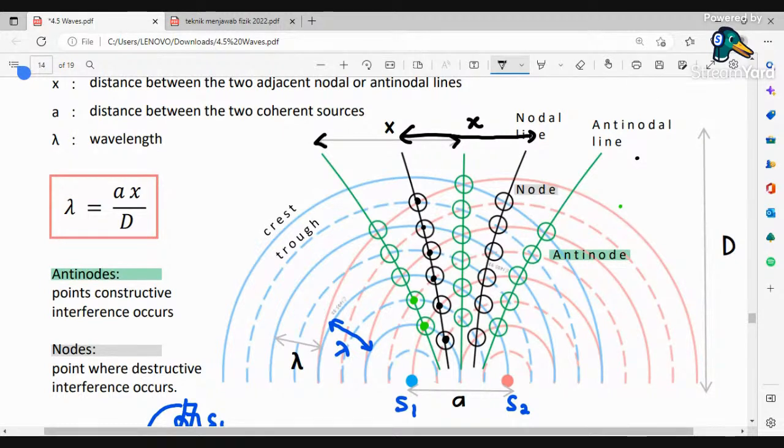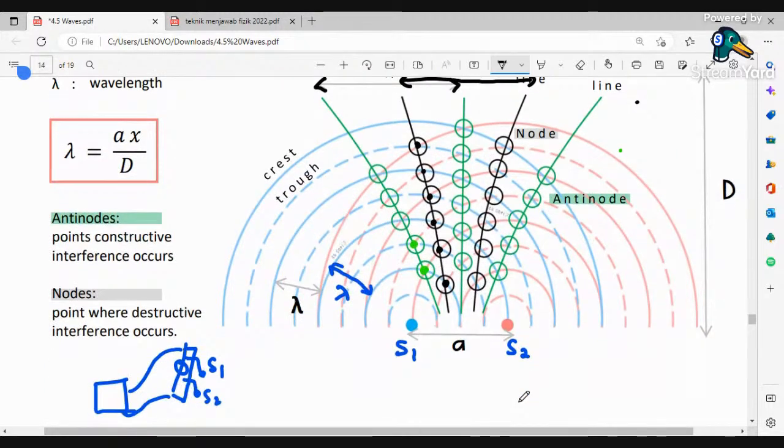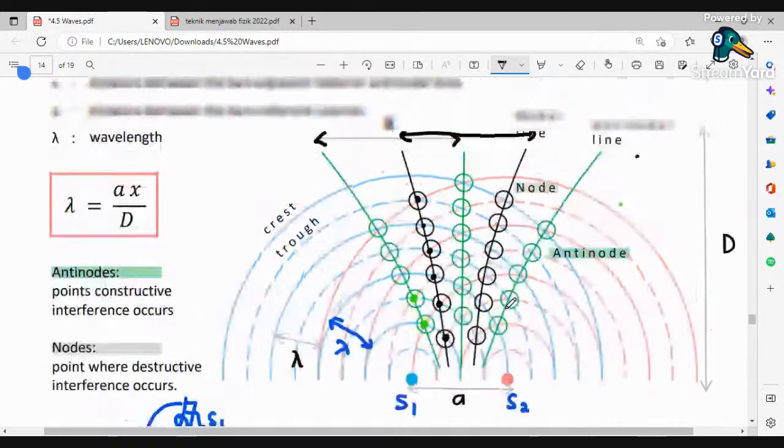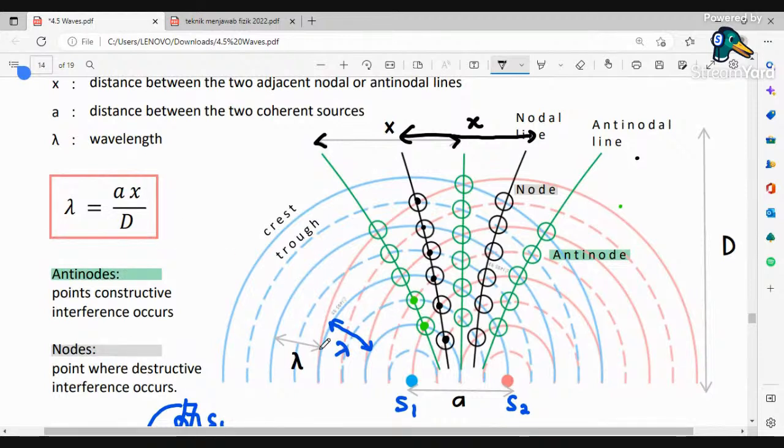Okay. The formula for the topic of interference of waves. This one is interference of water waves. We can observe this pattern formed on the screen of the ripple tank. The separation between two sources is a, meaning the separation between the two dippers is a. Lambda is the wavelength.